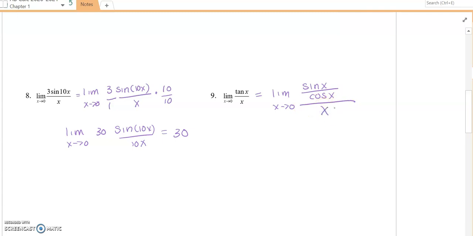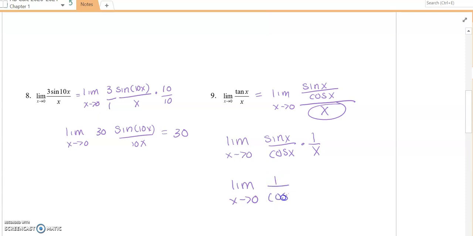I also know from basic mathematics, like algebra, if I divide by a fraction, I take the reciprocal. So the reciprocal of x is 1 over x. And then I know that I can rearrange this product because multiplication is commutative.